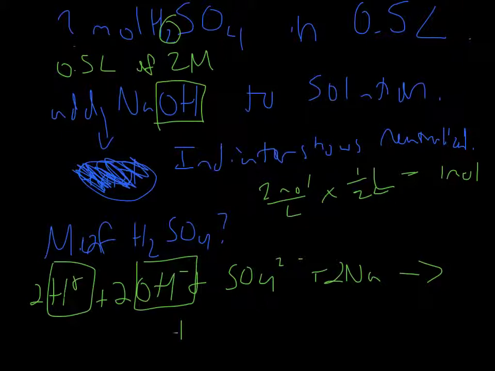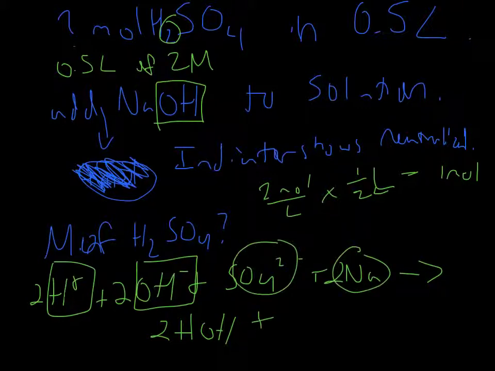Those 2 combine to make water, HOH, as you'll see it in acid-base reactions, and then these 2 will make a salt, in this case sodium sulfate. All we know at this point is that it took us half a liter of 2 moles per liter, so that means we have 1 mole of sodium hydroxide.